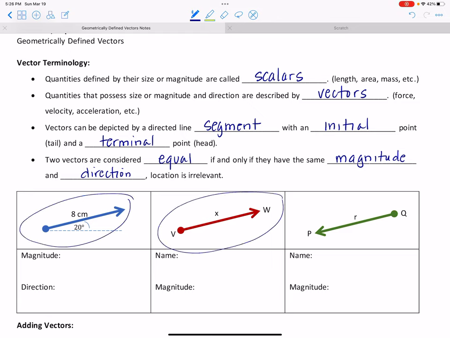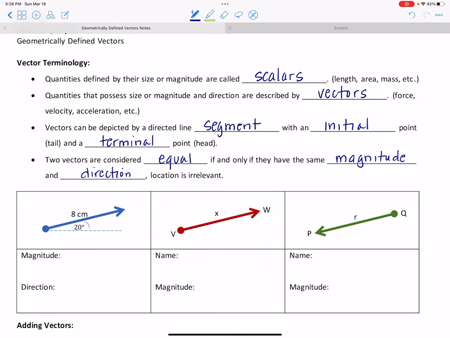I have the exact same vector drawn here. We can see that the length of those two vectors is the same, that the direction is the same. If I was to put in a horizontal, there would be also a 20-degree angle here. Those two vectors are considered equal, even though one is drawn to the left of the other. Okay, so equal vectors have the same components that make a vector. Those would be magnitude and direction.